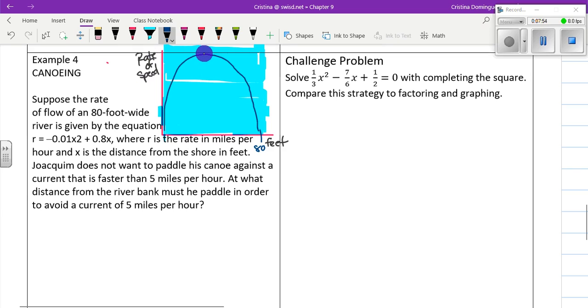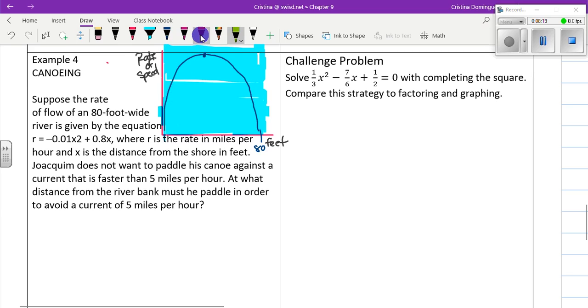This is the fastest that it's going to be, right in the middle of the river. The closer it is to the bank of the river, the slower it's going to be. So this guy that's paddling the boat wants to stay close to the bank because he doesn't want to go past 5 miles per hour, which means he's trying to stay somewhere in here.